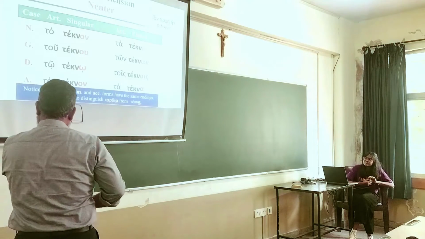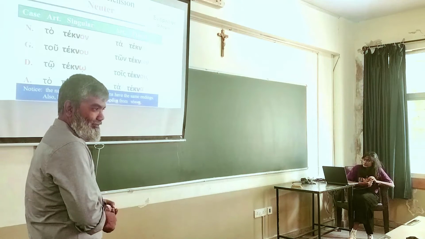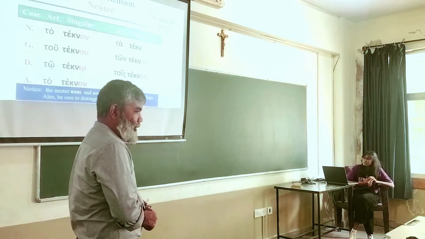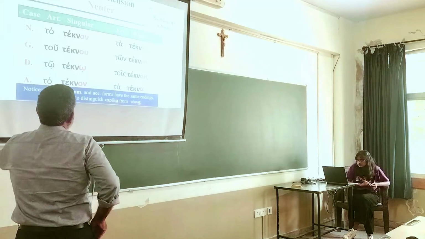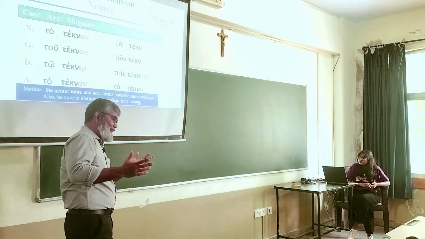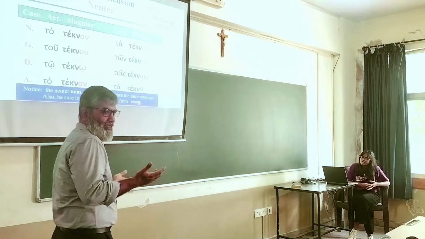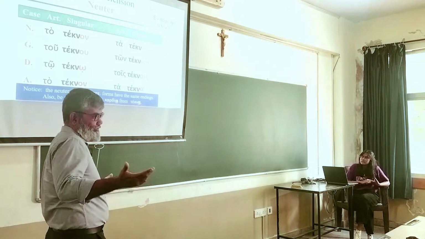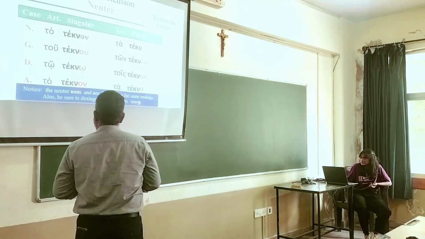Okay, and again the problem here with the neuter is that even the articles are the same. If the articles were different, then if the noun has an article, you could say, oh, it is an accusative. But with the neuter, you have to look at the sentence, which you will figure out at some point, whether it is acting as a subject or an object. Only the context can decide.